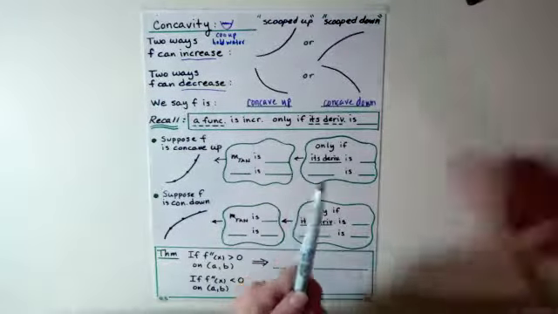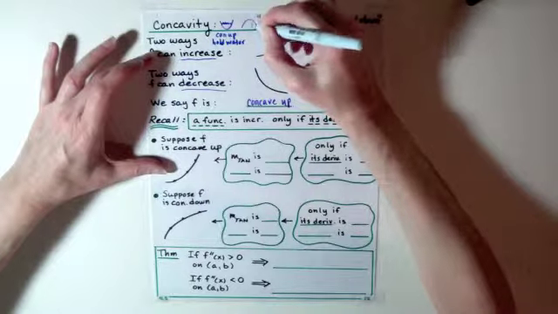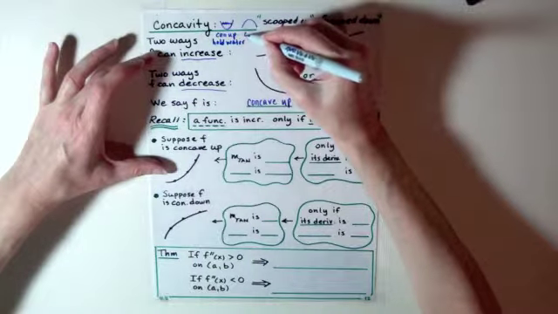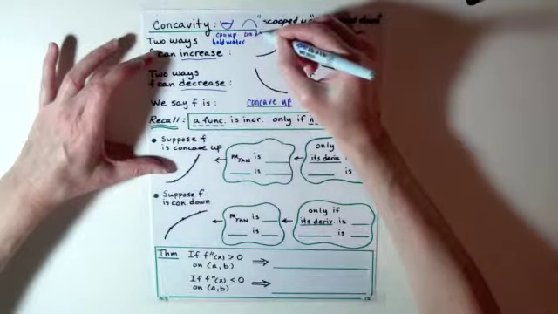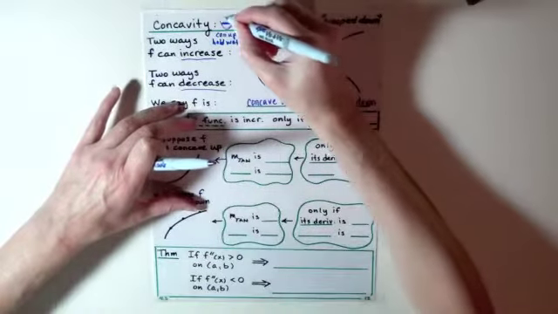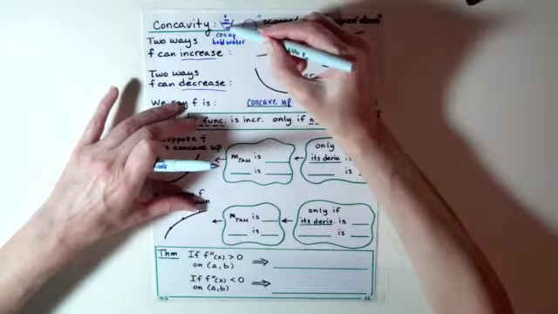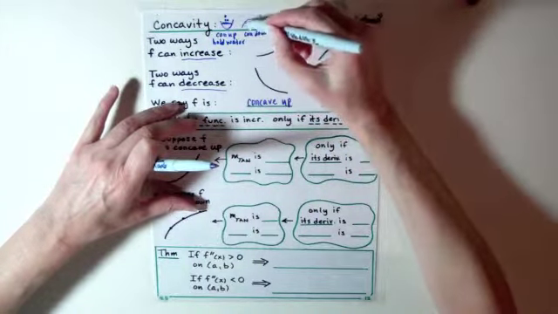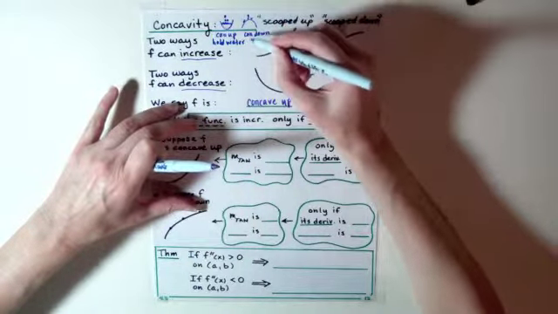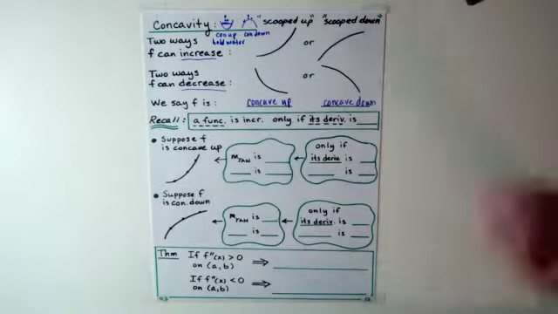But if you thought about something that is concave down, and here it's partly increasing, partly decreasing, but it is scooped downwards, that would be concave down. We sometimes abbreviate it con down. And you notice that if you poured water into the concave up one, it would be like a bowl and it would hold the water. But if it's a bowl that's turned upside down, the water would just splash off of it, so it doesn't hold water. It would be something that's concave down.